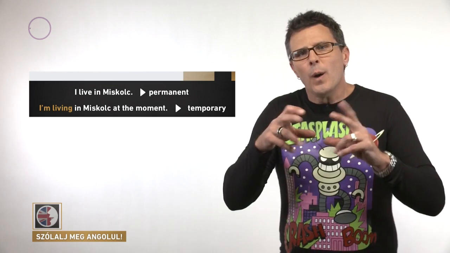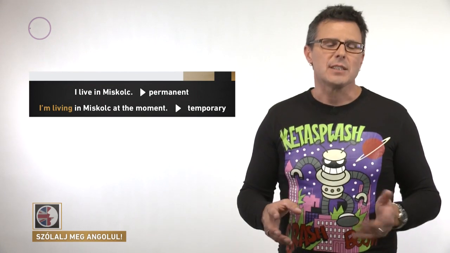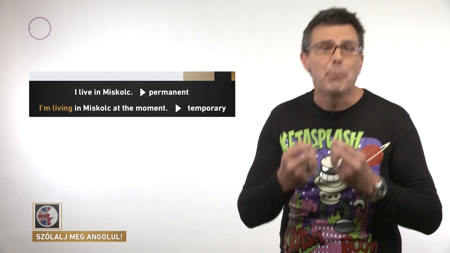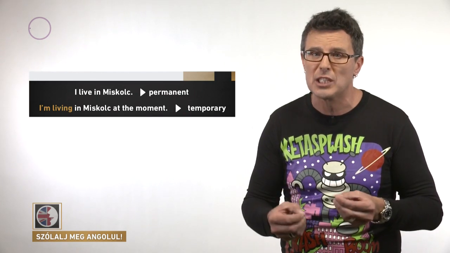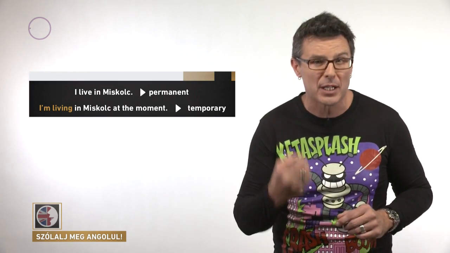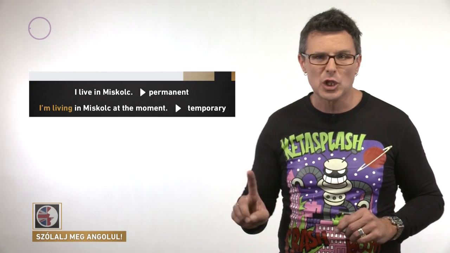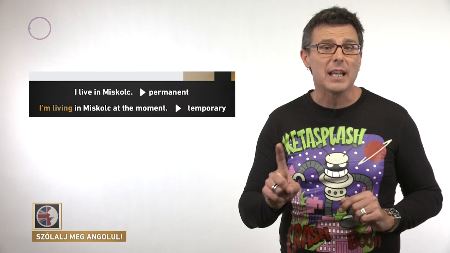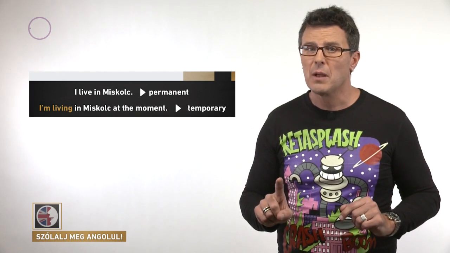Now, when we look at those two sentences, we can see that the first sentence is emphasizing the permanent nature of the situation. I live in Miskolc. This is a permanent situation. It doesn't change. The second sentence shows that normally I don't live in Miskolc.